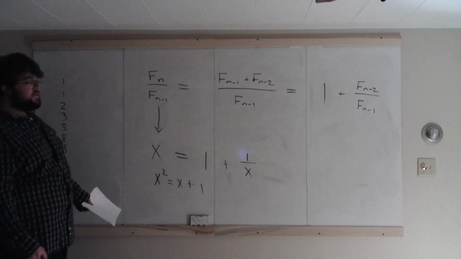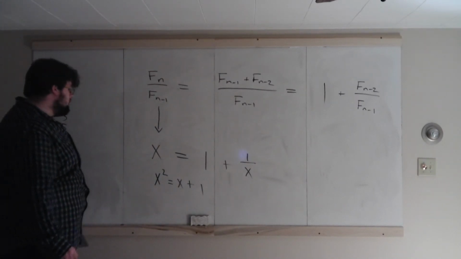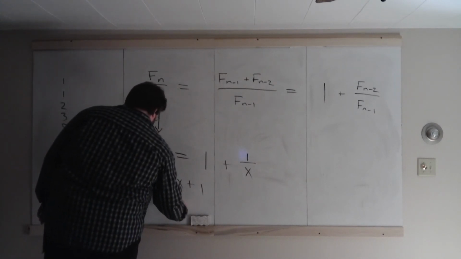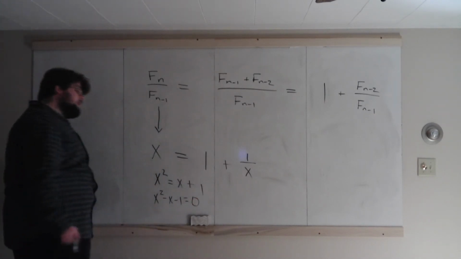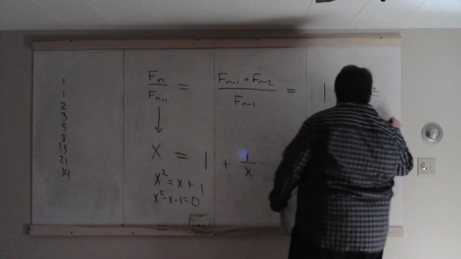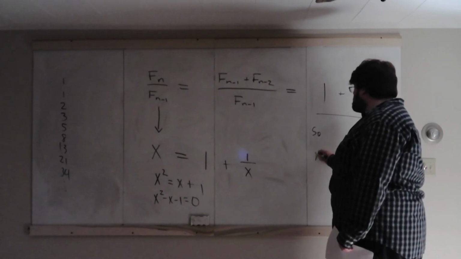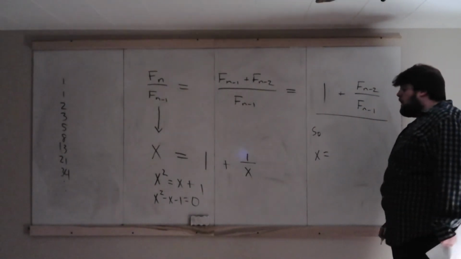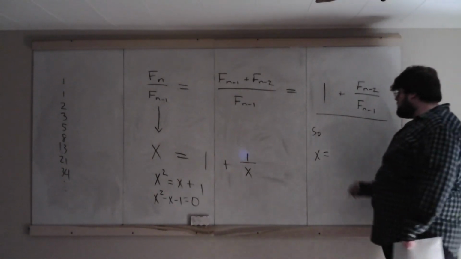So now we want to solve this for x. This is a degree 2, so let's put everything on one side. x squared minus x minus 1 equals 0. I'm going to solve that over here. So x equals, you could try factoring. It won't factor conveniently. We will use the quadratic formula.